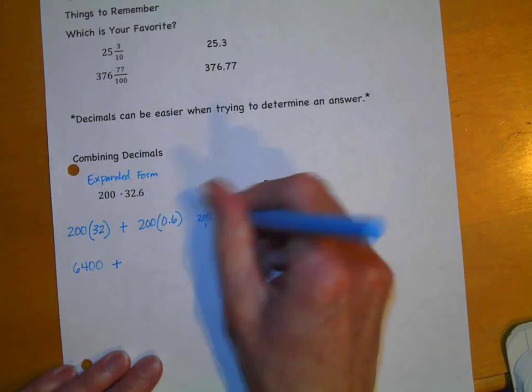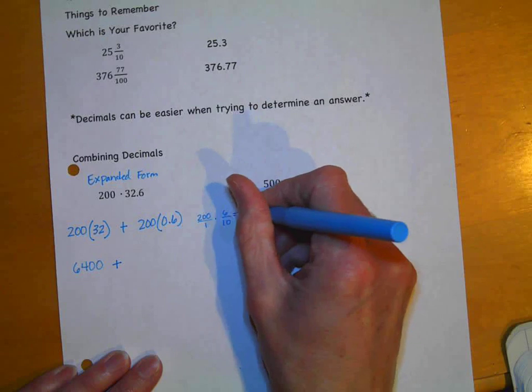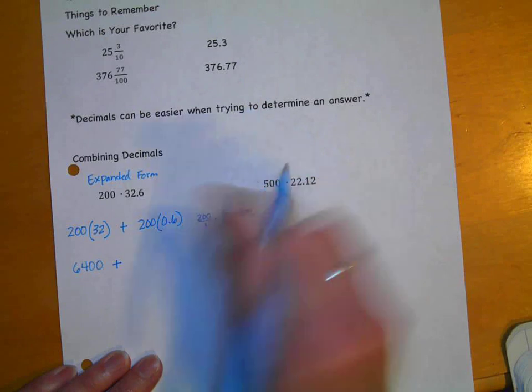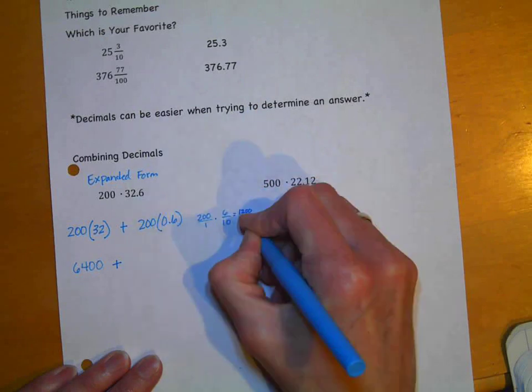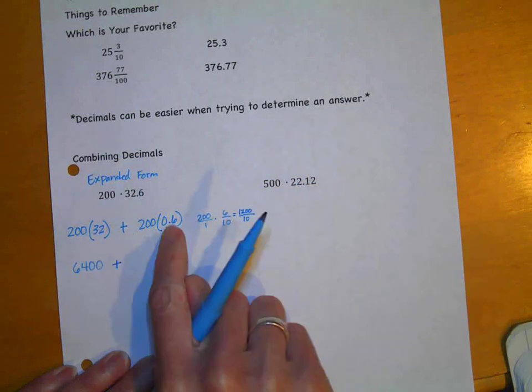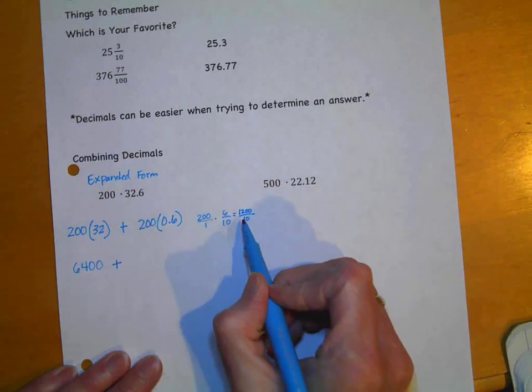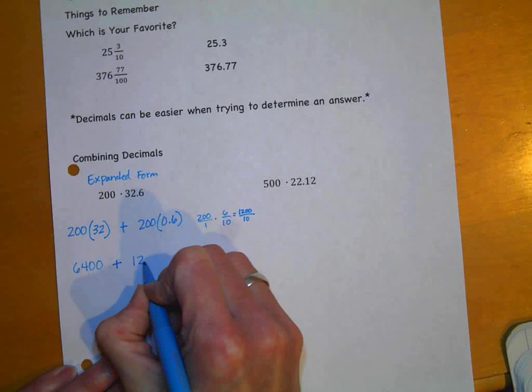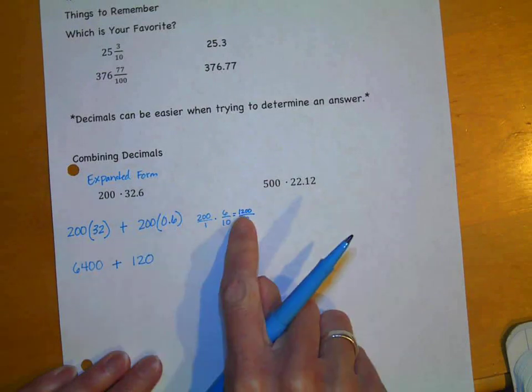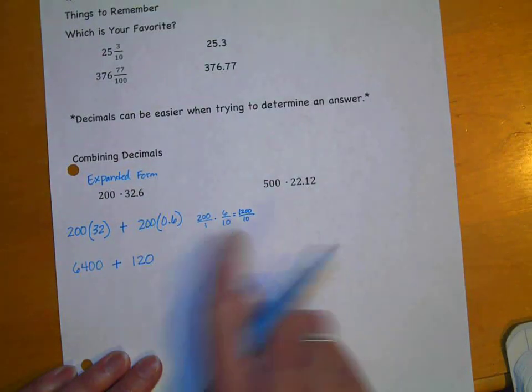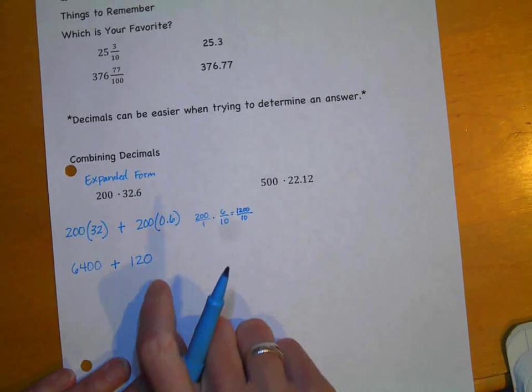Well, I know that 200 times 6 equals 1,200. I know that 1 times 10 is 10, and then because this says tenths, I have to divide by 10, so I get an answer of 120 because 1,200 divided by 10 is 120.